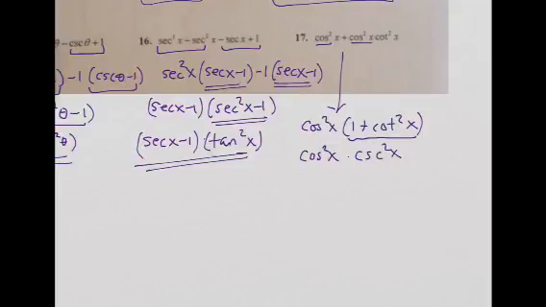And cosecant is 1 over sine. So when you multiply across, right, you're going to get cosine squared x over sine squared x, which is cotangent squared x.